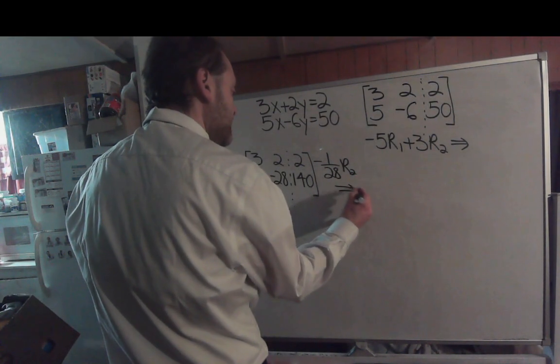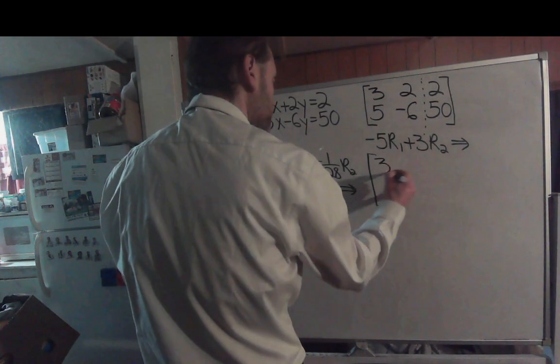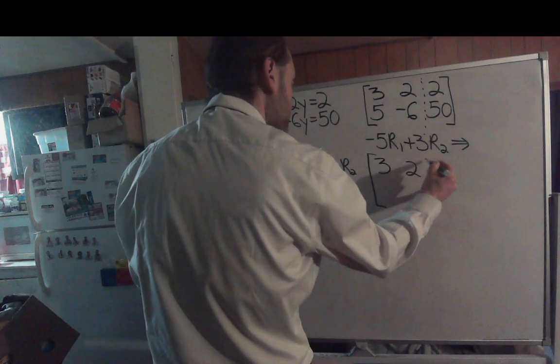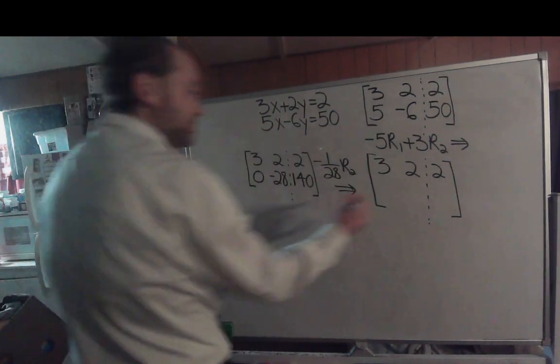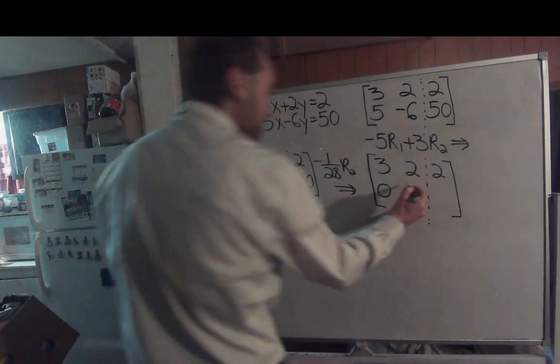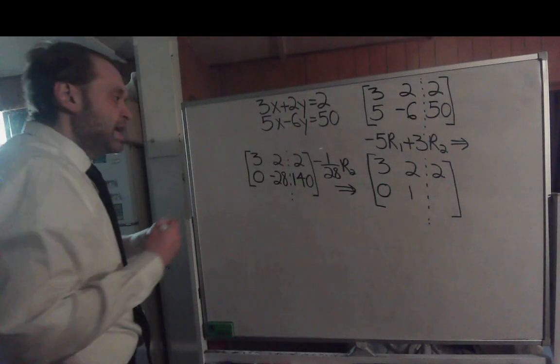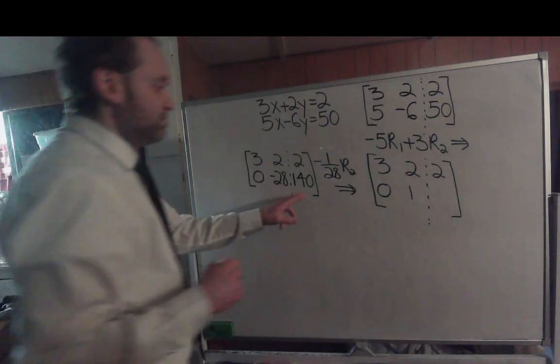You should get this matrix. You're still going to leave your first row alone, at least for a moment. 3, 2, and 2. Then negative 1/28 of 0, well, that's 0. Negative 1/28 of negative 28 is positive 1. I believe, yes, this does actually.